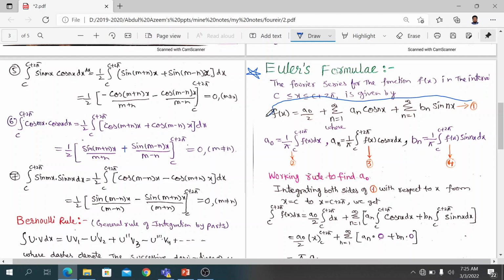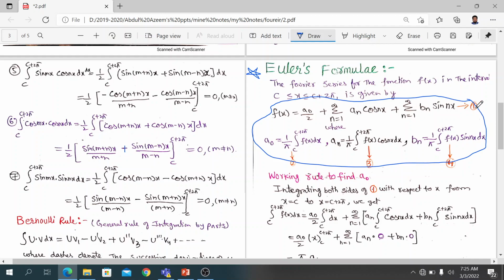You must remember these formulas. f of x is equal to a naught by 2 plus sigma n is equal to 1 to infinity an cos nx plus sigma n is equal to 1 to infinity bn sin nx.